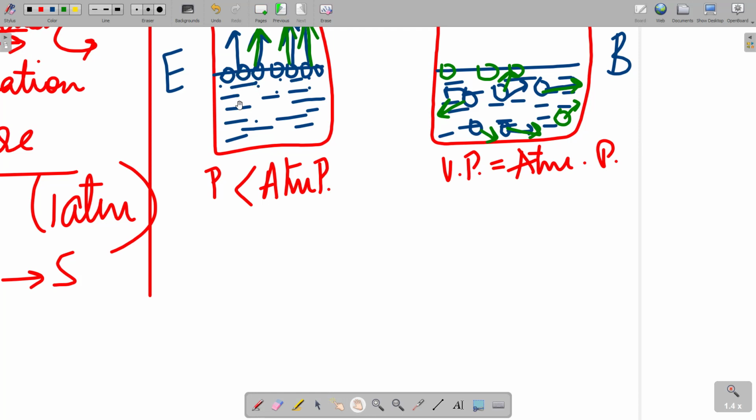When they are absorbing energy from the surrounding while leaving, just to compensate the energy that is being lost in the process of evaporation, that is why cooling happens.